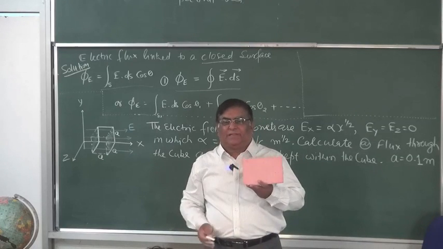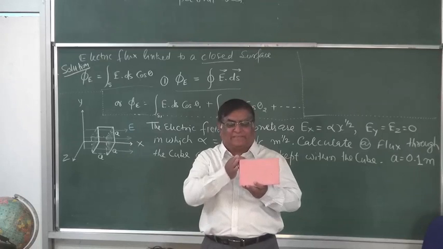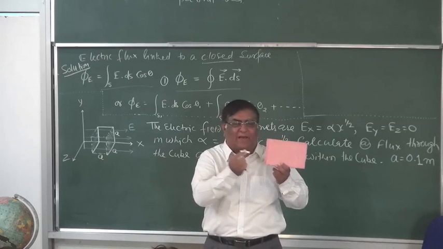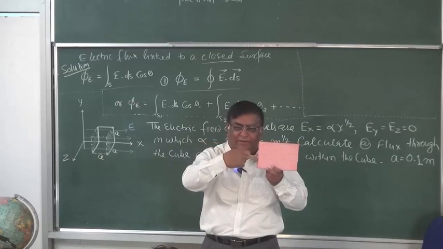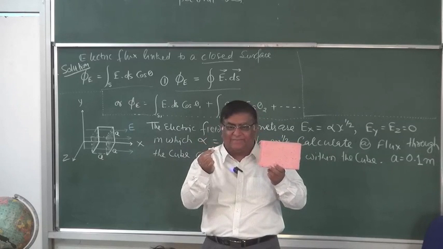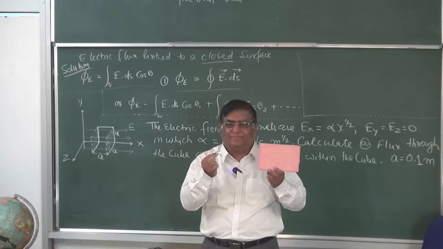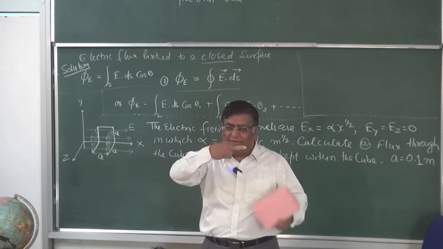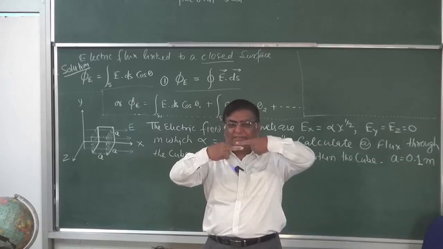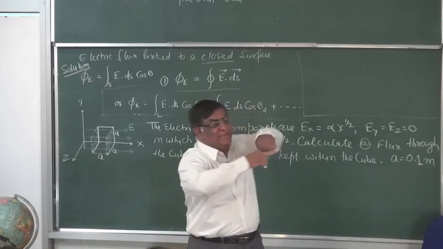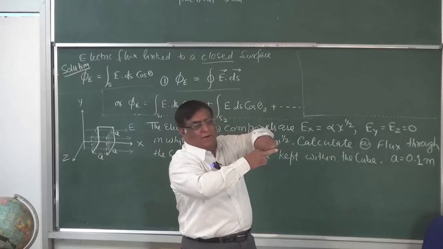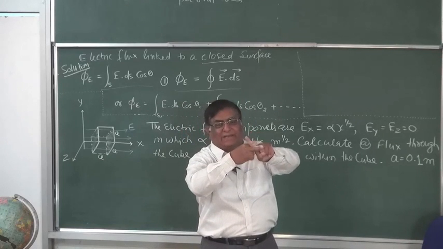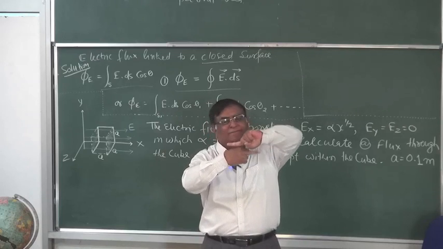अब मुझे ये बताइए, if we take this as surface 1, what is the angle between electric field and area vector? 180. इलेक्ट्रिक फील्ड इन दिस डायरेक्शन और एरिया वेक्टर इन दिस डायरेक्शन. ये 0 है और ये कितना हो गया? 90, और 90 के बाद ये कितना हो गया? 180.